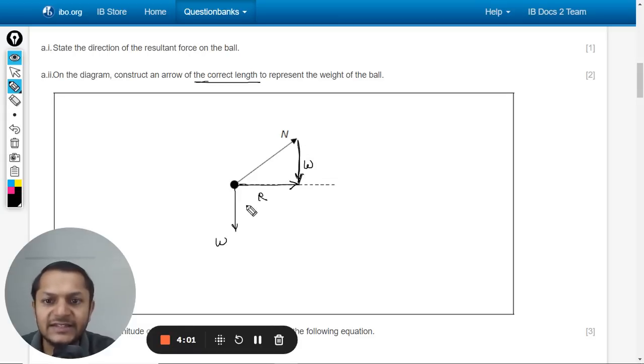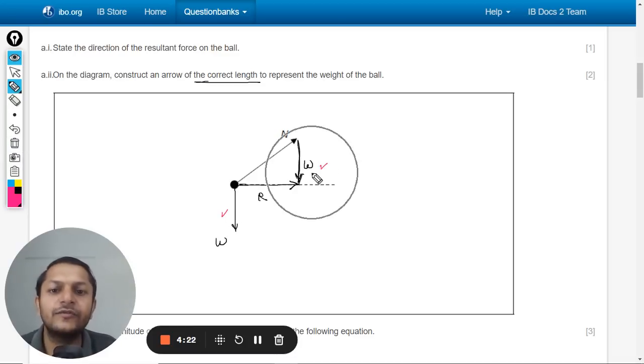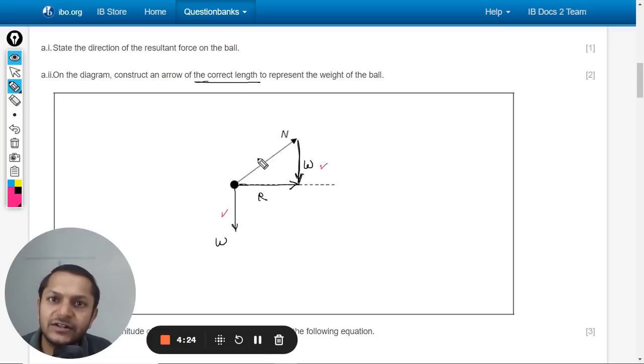The weight, as a component, can be moved across in the graph without changing the direction or the magnitude. So we can just move this w from this point to this point, thereby completing the triangle. So this is the resultant, and the length of this will be equal to this. Clearly the length of the weight will be less than the normal reaction, isn't it? Because we can clearly judge it when we see it. So anyway, this will be the answer for A2.